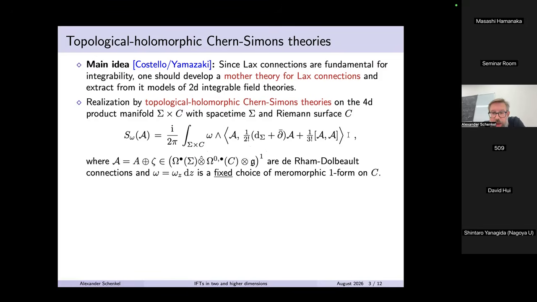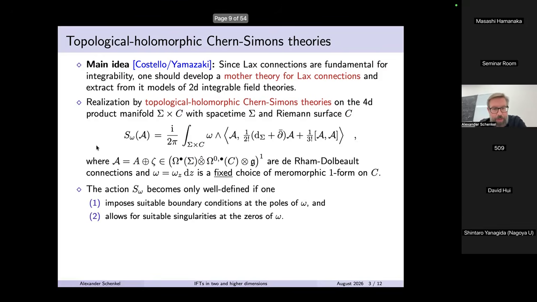Now, what this kind of expression produces is a three-form, which you cannot integrate over this four-dimensional manifold. So what you need is some other datum to write down an action, and this other datum is a fixed choice of a meromorphic one-form on C. So then you can see when you count now the legs, you can build a top form from this expression, and so you get some action when you do that.